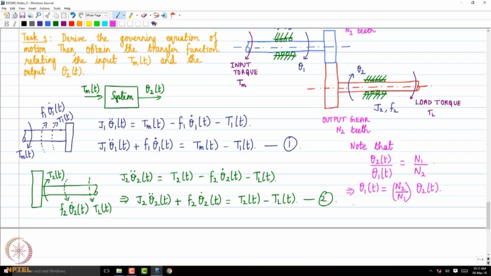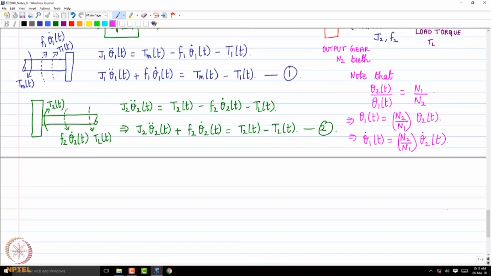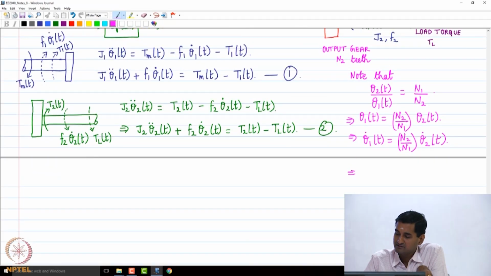This implies that I can write theta 1 dot as N2 by N1 theta 2 dot. Similarly, theta 1 double dot is going to be equal to N2 by N1 theta 2 double dot.